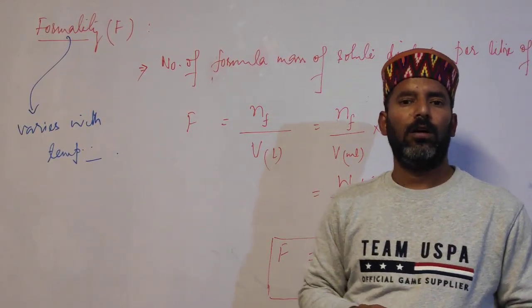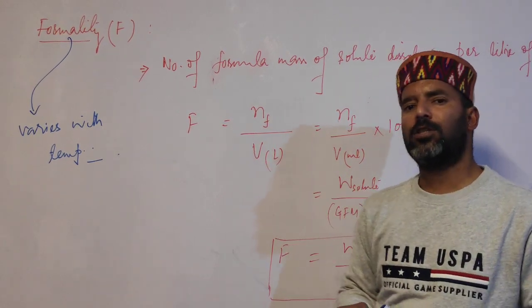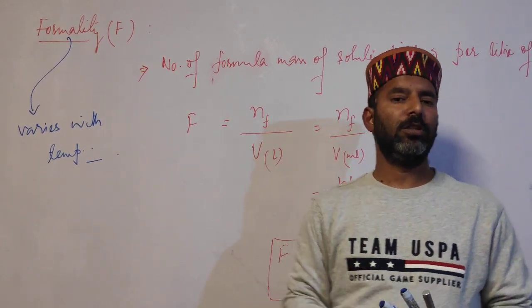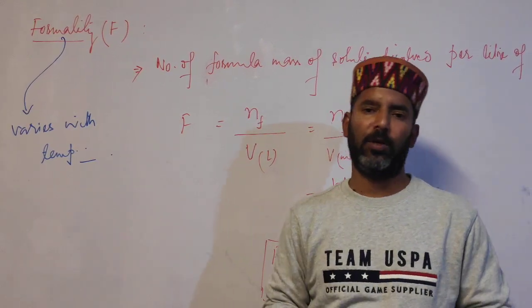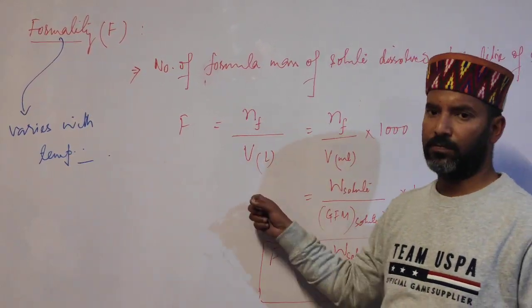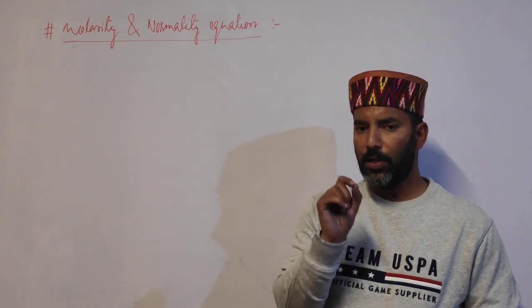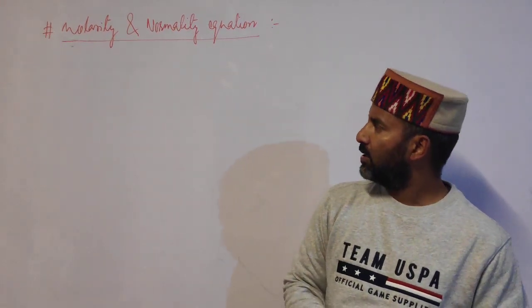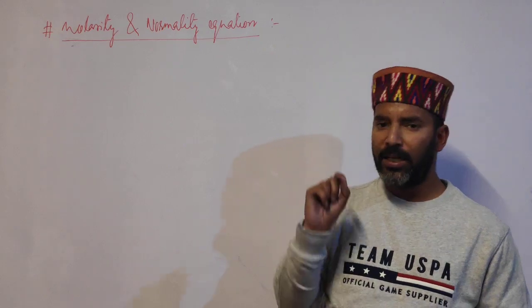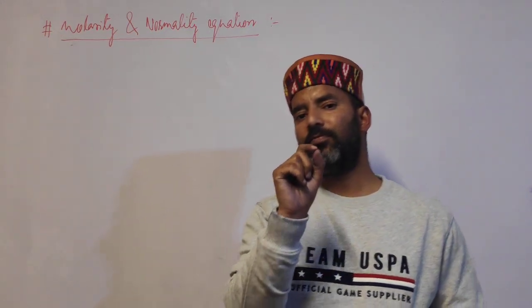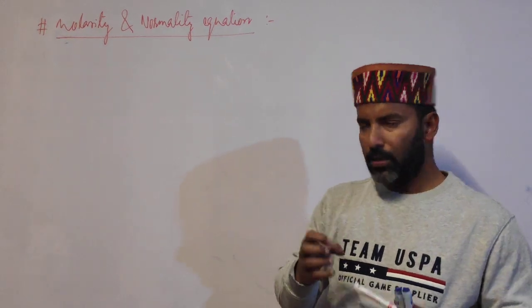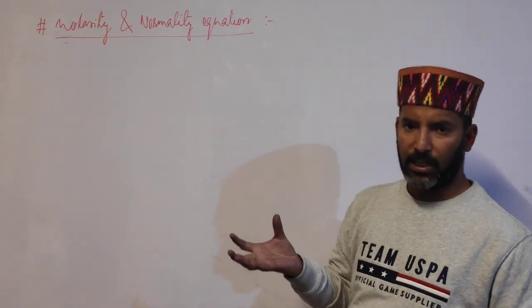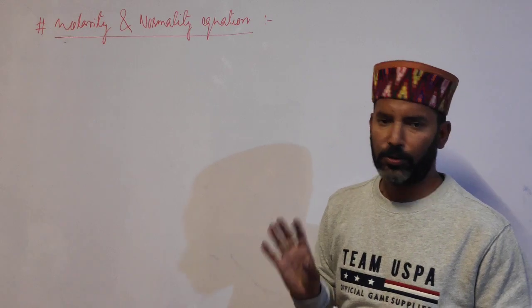That is, we are now going to discuss the molarity equation and normality equation, and these equations are very very important for competitive exams. Students, first we are going to discuss the molarity and normality equation in case of dilution. That means when we dilute a solution, what will happen to the molarity or normality of the solution.